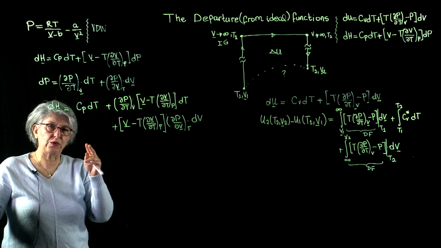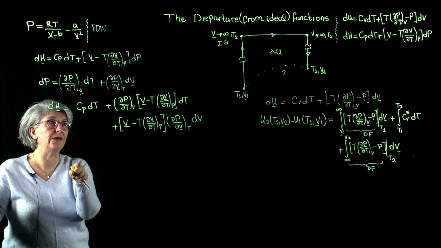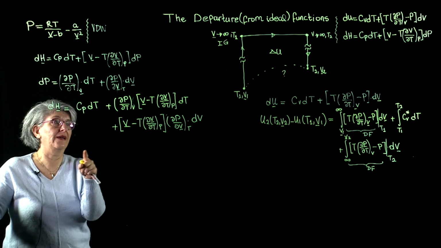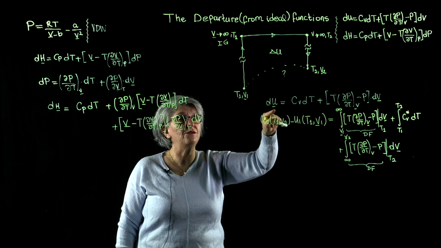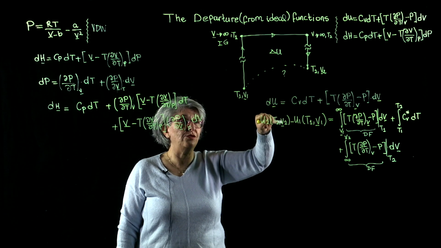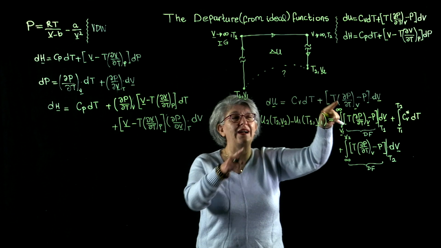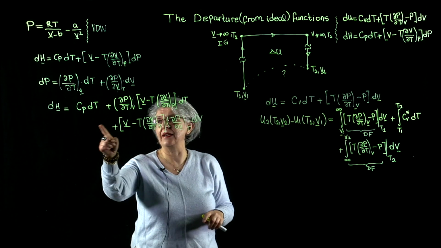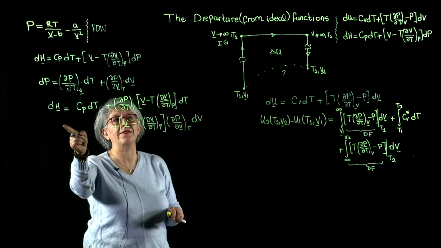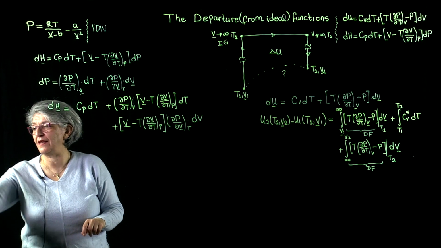Now we are going to evaluate this function over a path. This path was the path to evaluate internal energy change. Internal energy was derived as a function of temperature and volume. Now this new path that we are going to devise is going to be the path for enthalpy evaluation.